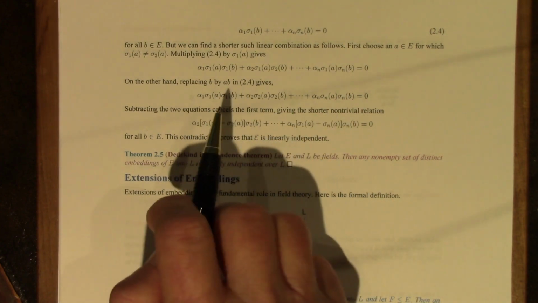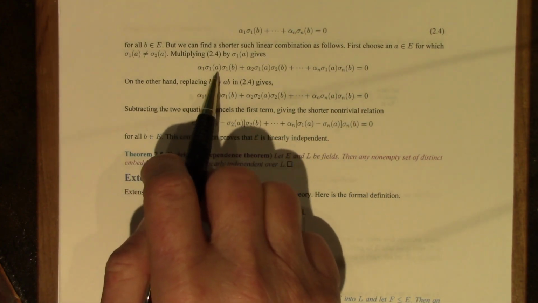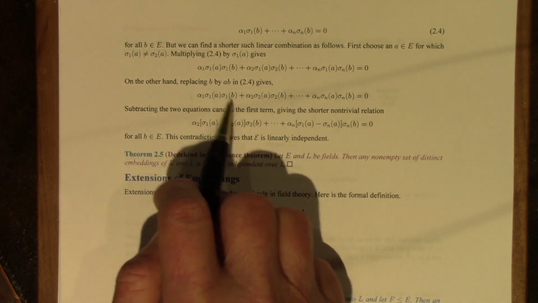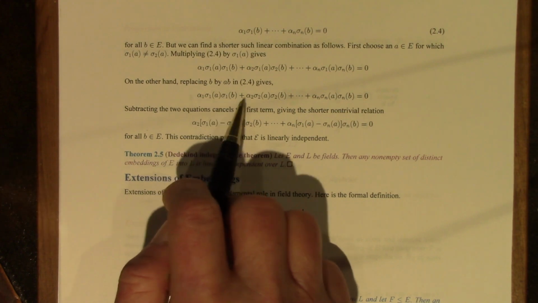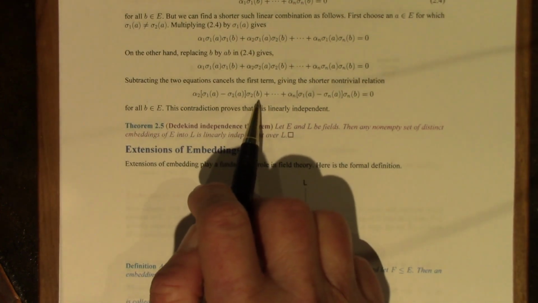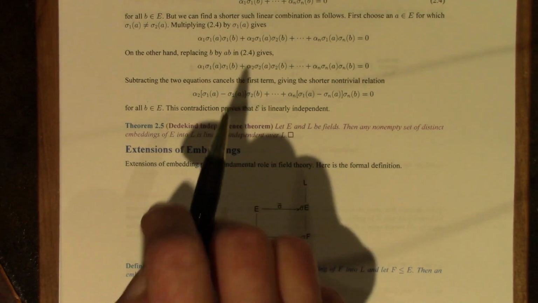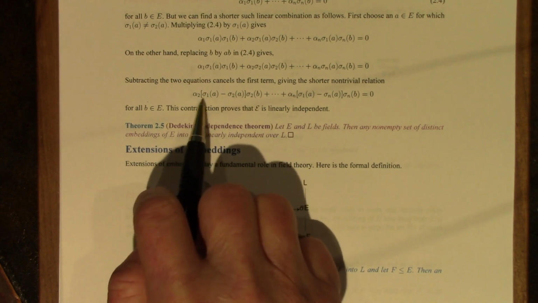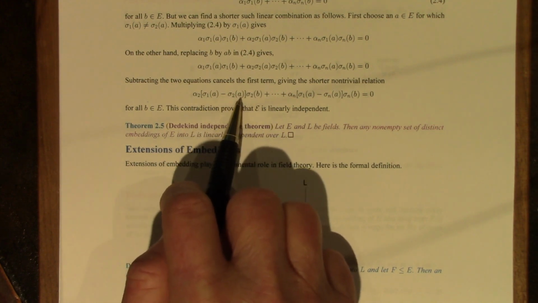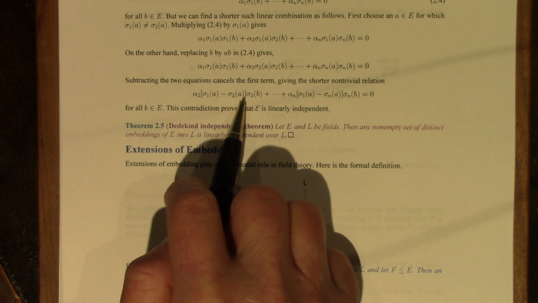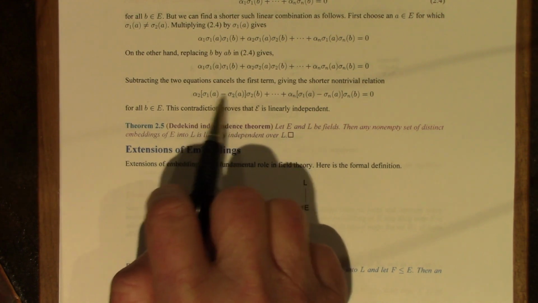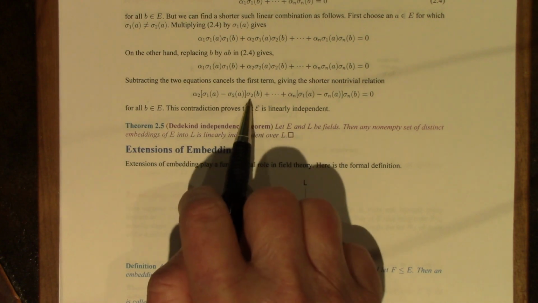Now, if you look carefully, you will see alpha 1 sigma 1a sigma 1b, and also alpha 1 sigma 1a sigma 1b. So the first 2 terms are the same. When we subtract, we get a shorter linear combination. But if you look at this first one, this is non-zero, because sigma 2a is different from sigma 1a. And alpha 2 is non-zero.